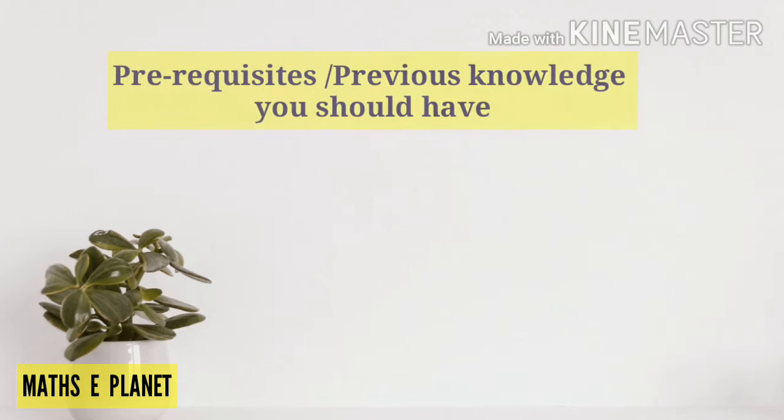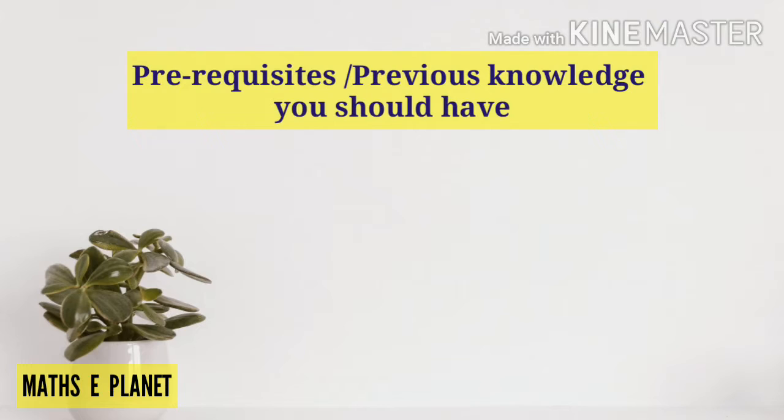Before starting this topic, the student should know some basic information, or we can say some prerequisites or previous knowledge about straight lines, because the topic is totally based on straight lines.